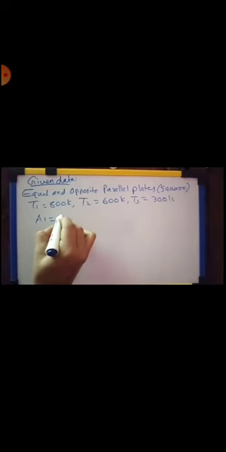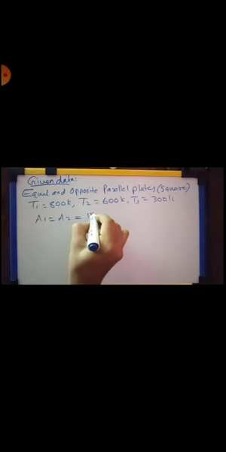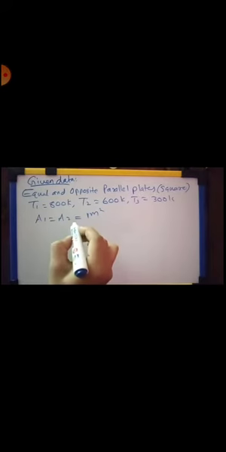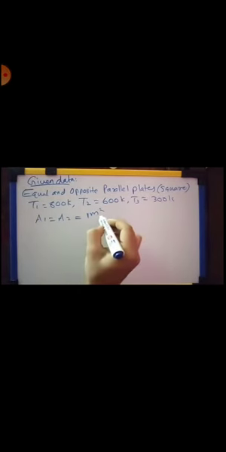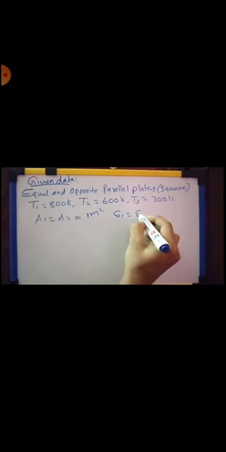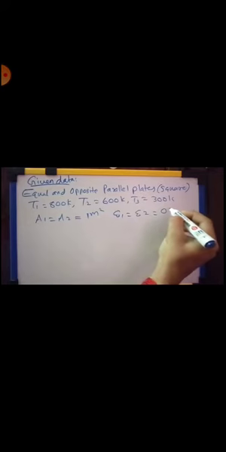Then A1 is equal to A2, that is the area of both the plates are same, 1 meter square, and emissivity epsilon 1 is equal to epsilon 2 is equal to 0.8.